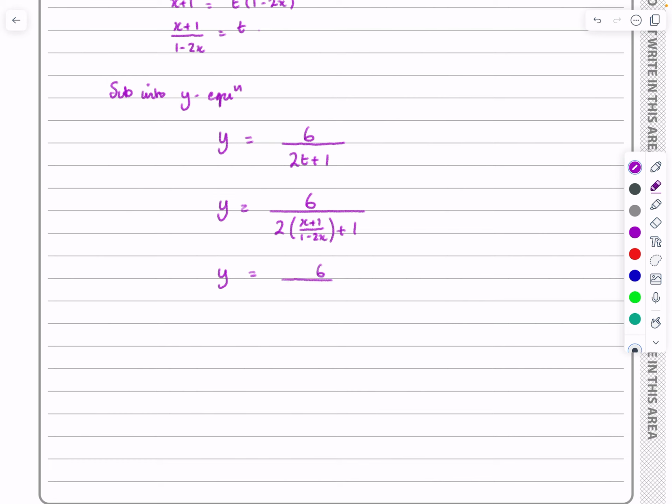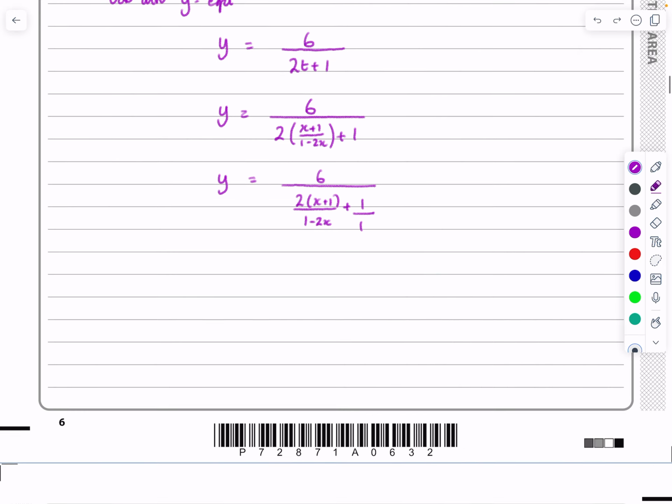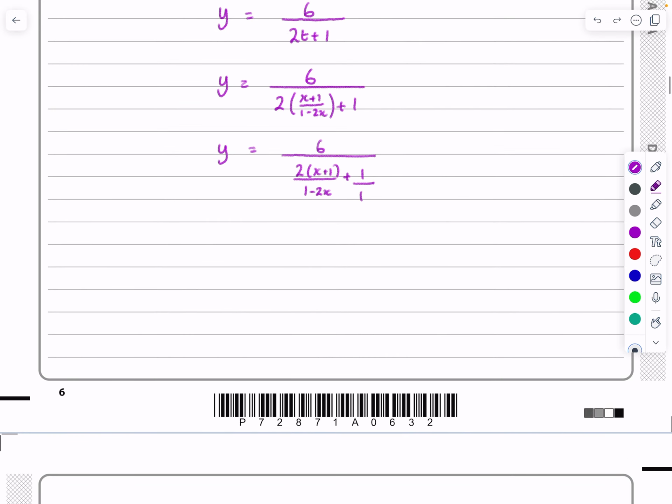So this is 2 bracket x plus 1 over 1 minus 2x plus 1 here. What I'm now going to do, make that a 1 like that, and then add these together as fractions. These two multiply together, these two multiply together, and the bottom two there multiply together. So you have to get good at these sort of silly little algebraic things that they expect us to be able to do.